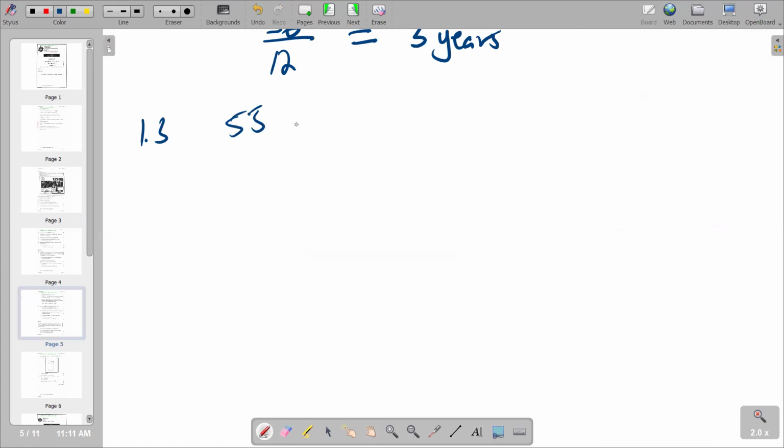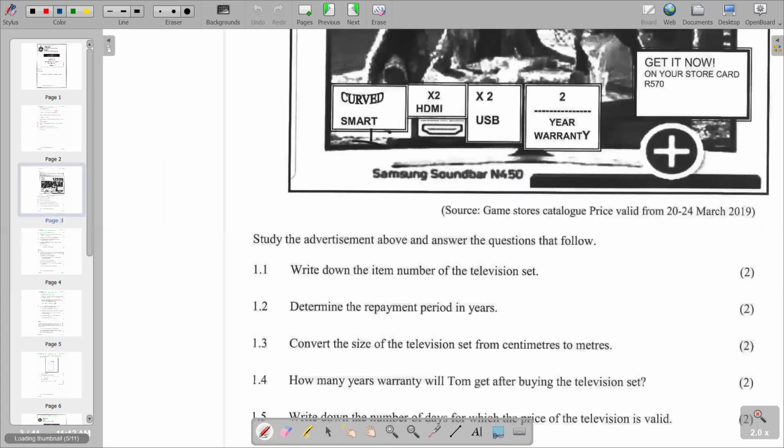We convert our inches to centimeters. 1 inch is equal to 2.5 centimeters. So with that, we can convert our inches to centimeters.